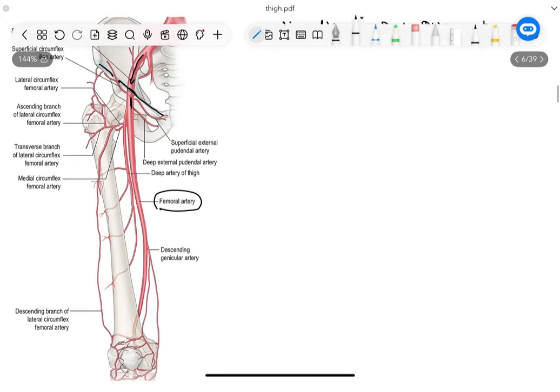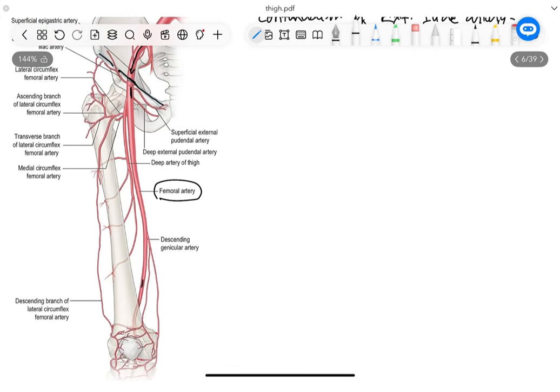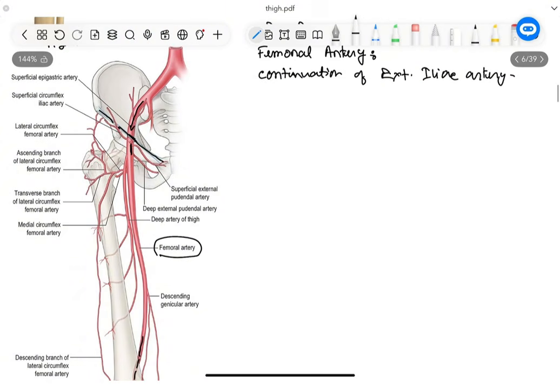When the femoral artery crosses the hiatus magnus and goes to the back side, it continues as the popliteal artery. So the femoral artery continues from the external iliac artery, and then continues as the popliteal artery when it enters the popliteal fossa.